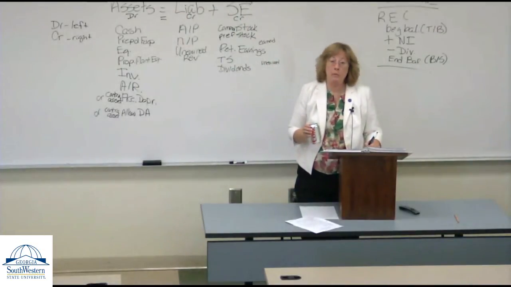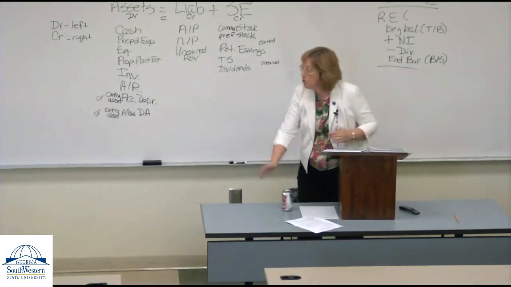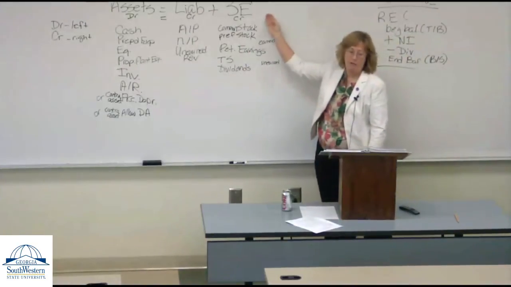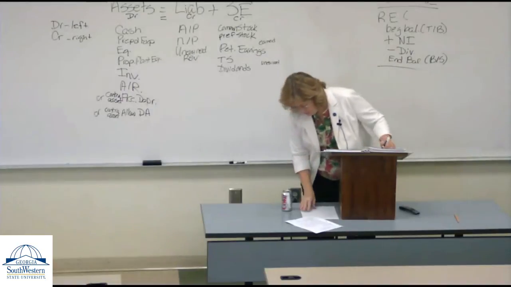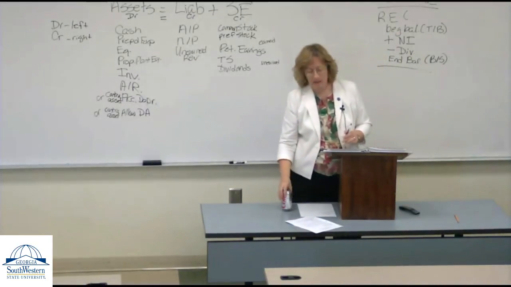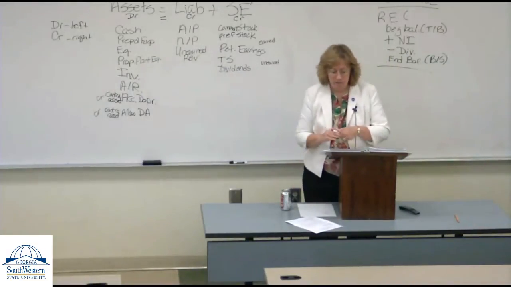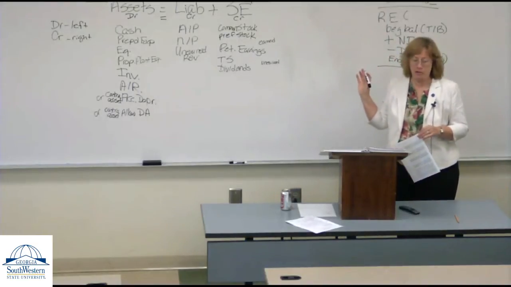All right, so now we're going to do the expanded accounting equation. We're just going to add some stuff over here to the right for the expanded accounting equation, and again, that is on page 87. Okay, so what things do we want to add over to the right?